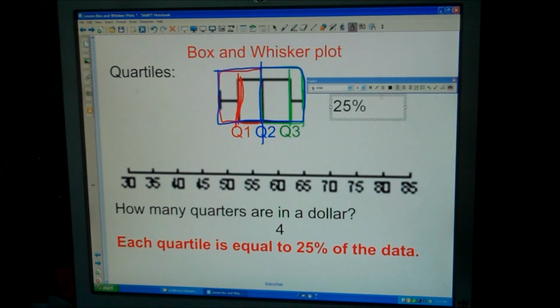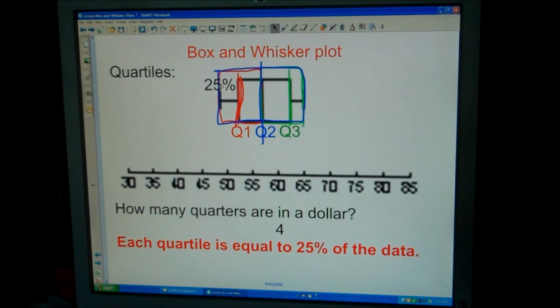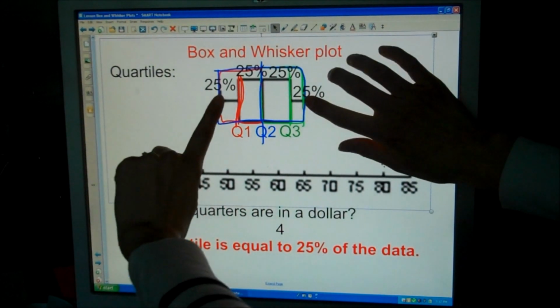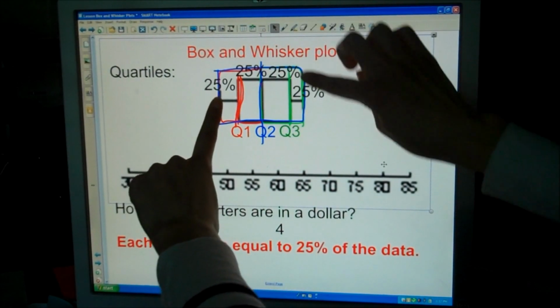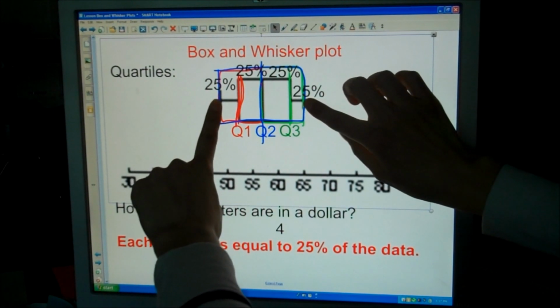Even though it doesn't look like they might be equal, they are. This is 25% of the data. This is 25% of the data. Because from end to end, from whisker to whisker, that's what percentage of the data? 25, 25, 25, 25. 100% of the data.